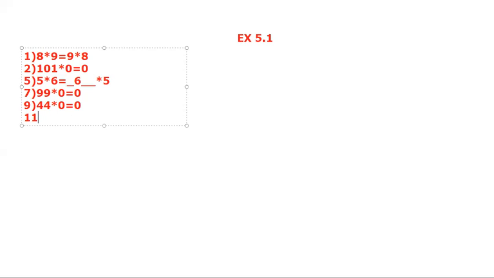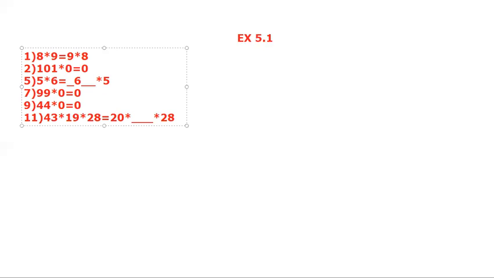Number 11. Here are 3 numbers. Very good. 43 into 19 into 28 equals to 19 into dash into 28.